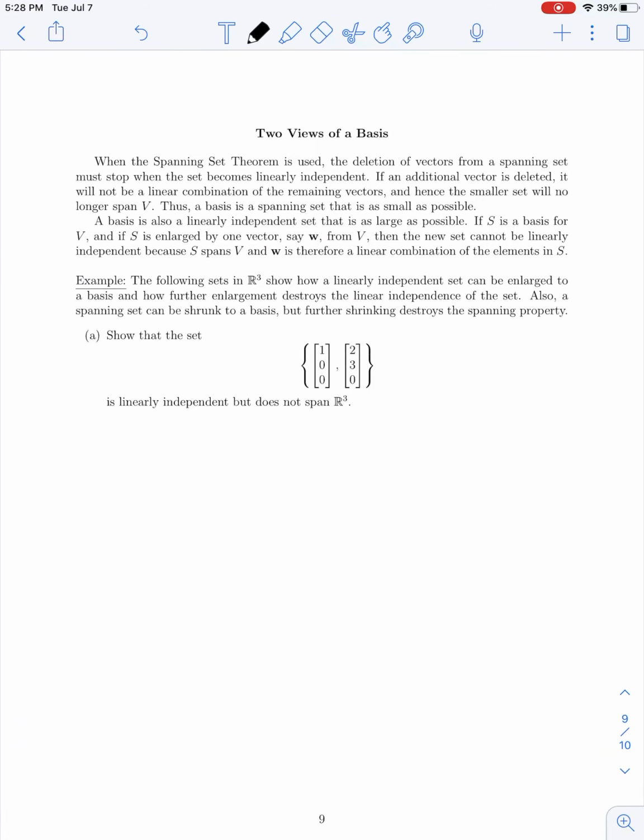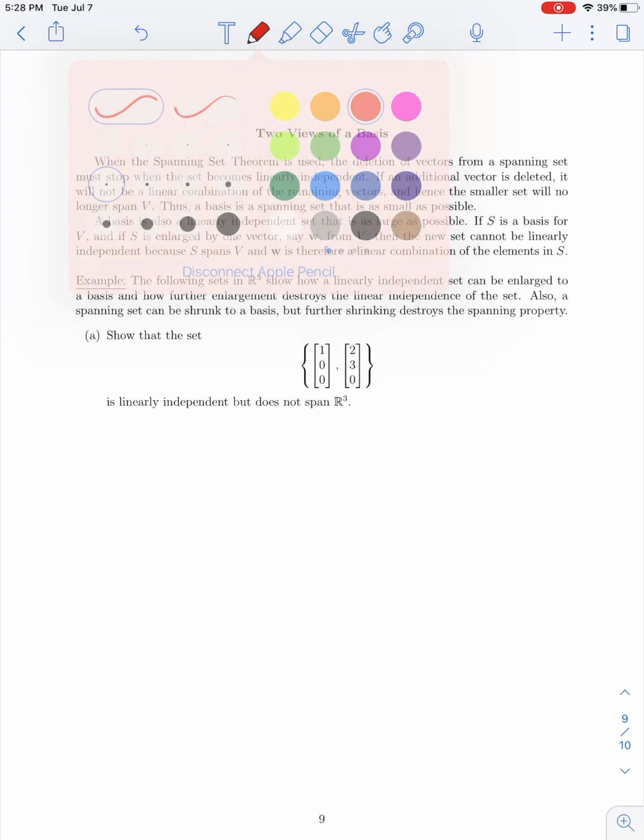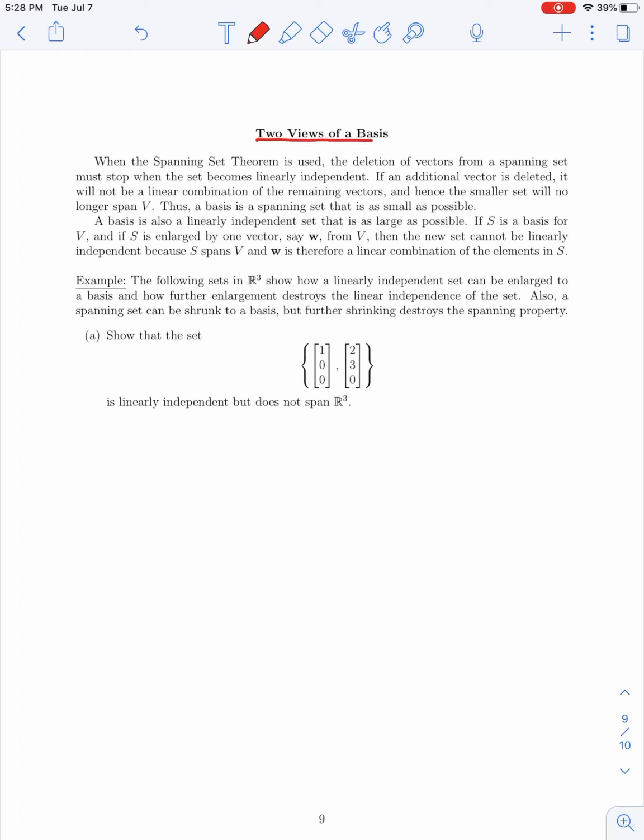Okay. So in the last part of this section, we'll consider 2 different views of a basis. One way to think about a basis is the following. If we're applying the spanning set theorem, then the deletion of vectors from a spanning set must stop when that set becomes linearly independent.